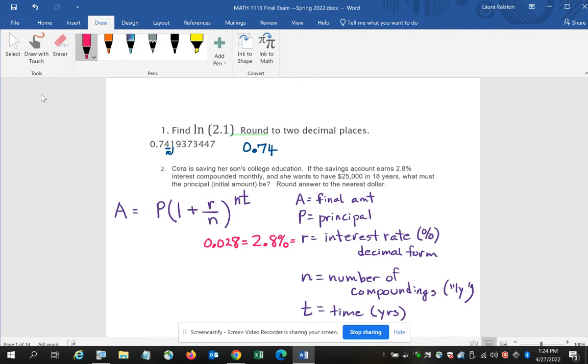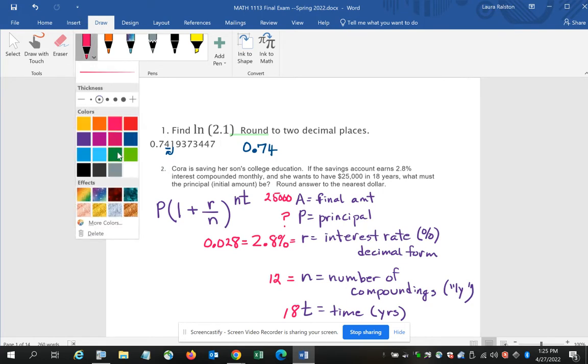Compounded monthly. Monthly means each month, so that's 12 times in a year. She wants to have $25,000, so my final amount is $25,000 in 18 years. What would the principal amount be? How much money would she have to start with? And it asks you to round that to the nearest whole.